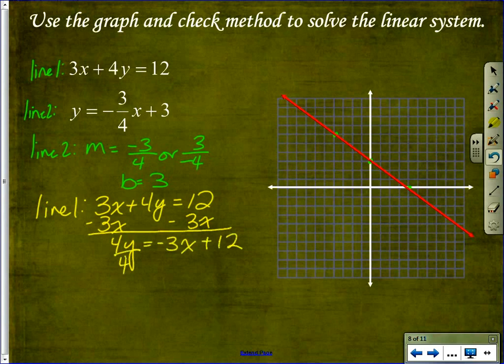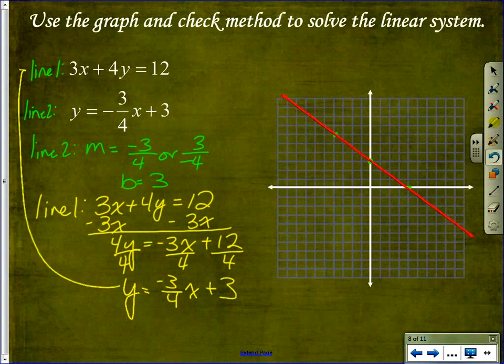Divide by 4. Y equals -3/4 x plus 3. Exactly the same. Okay? It's the same line.